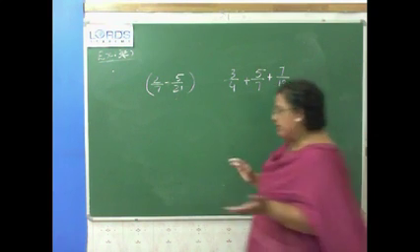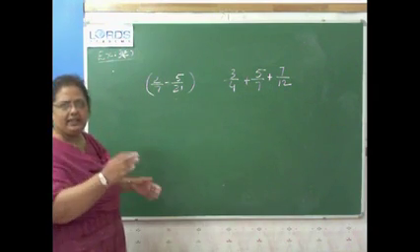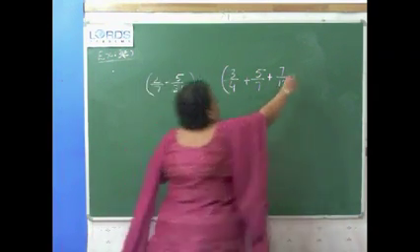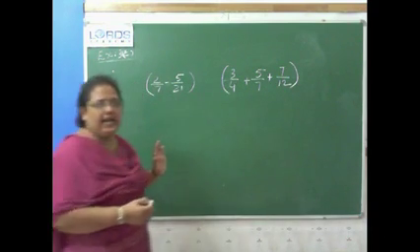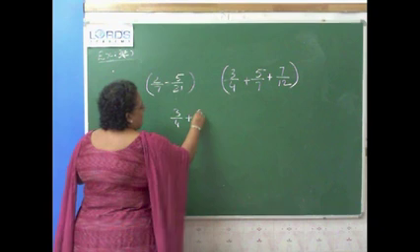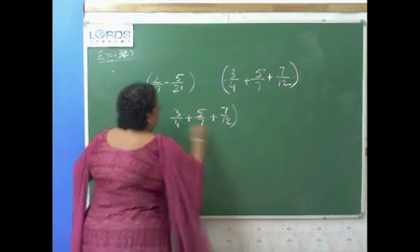We already did it, subtracting from a sum, we did it previously, isn't it. In the same way, first you have to write the added form, that is 3 by 4 plus 5 by 7 plus 7 by 12.